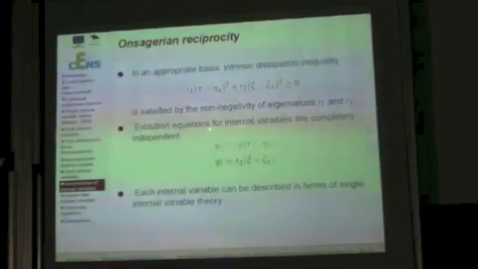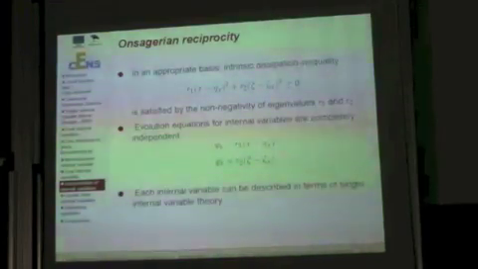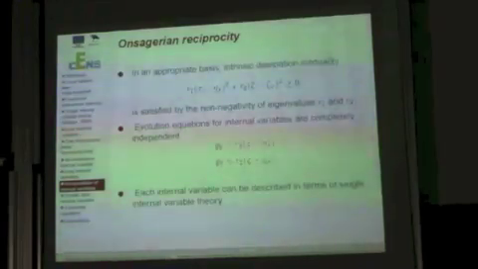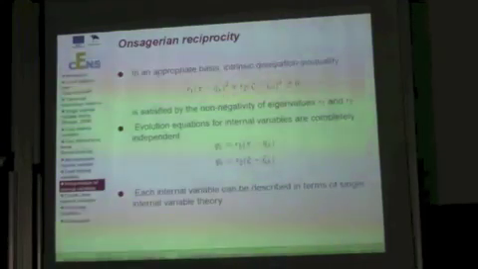So the evolution equations of the internal variables are completely independent, and in this case, each internal variable can be described in terms of the single internal variable theory, and we don't need to introduce any kind of second one like I did in this case of Onsagerian reciprocity.